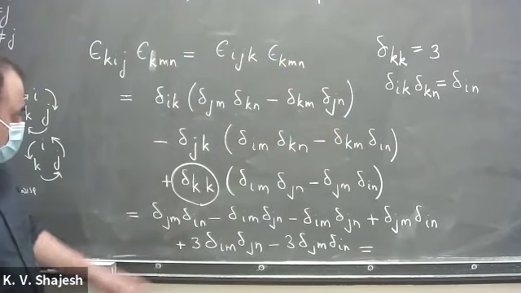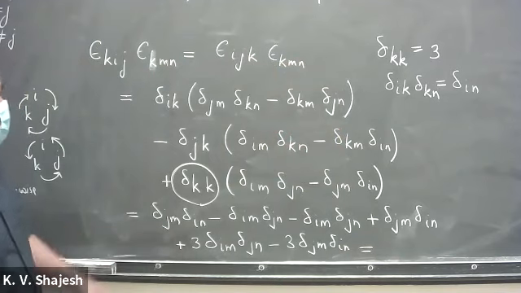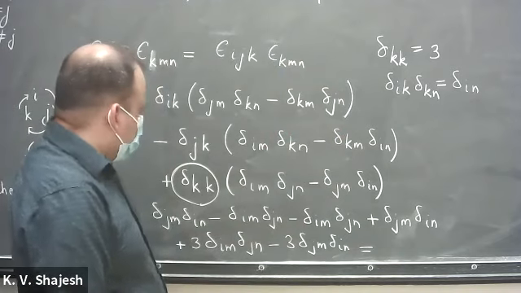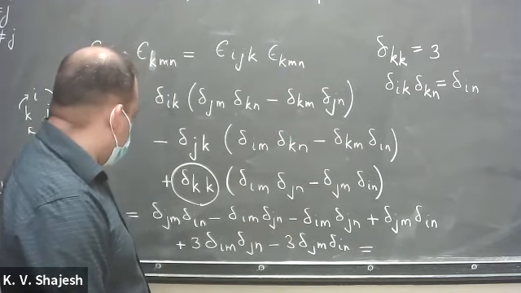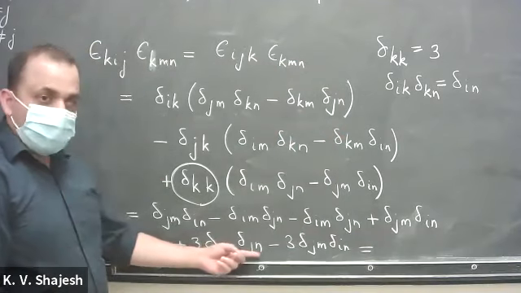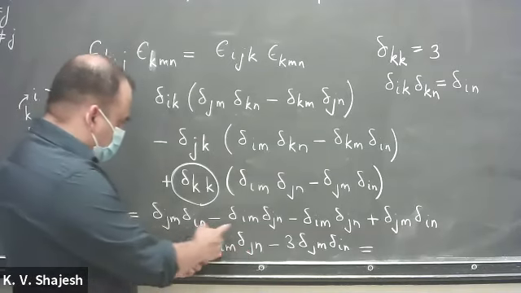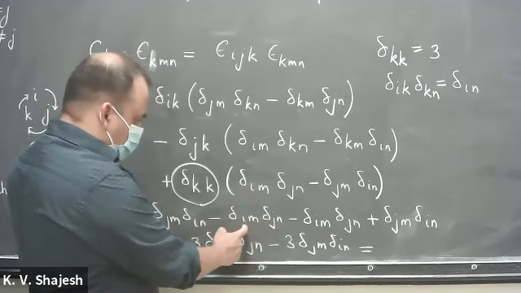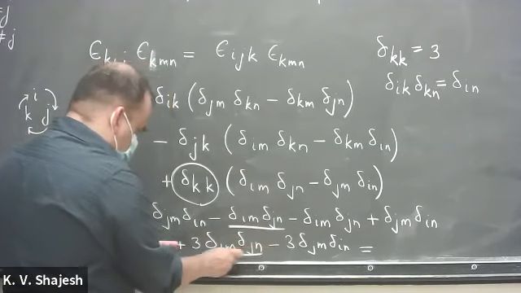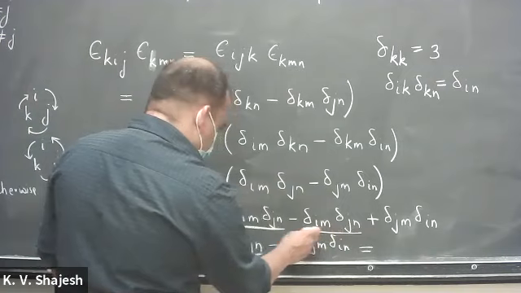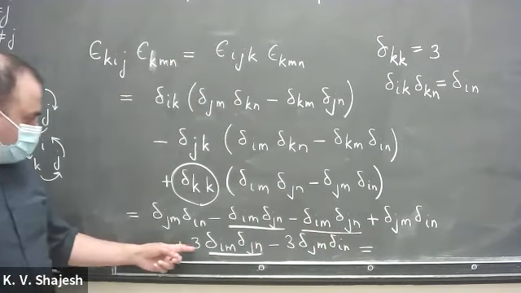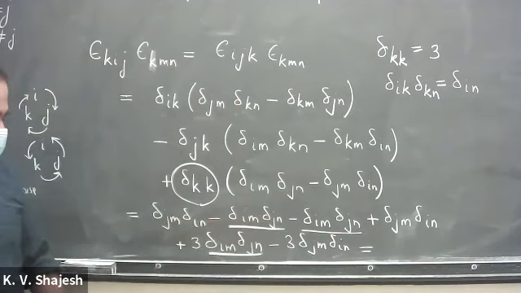Let's start with I and an M, right? So there are 3 of them, delta IM delta JN, 3 of them here. This is the same, delta IM delta JN, there's a minus 1. So I can underline them. This, and this are the same kind. So there's a factor of 3, minus 1, minus 1, so that's plus 1.